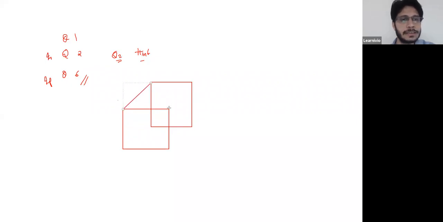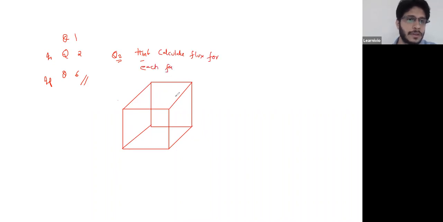The hint here is to calculate the flux for each individual face. If you divide the cube into left, right, top, bottom, front, and back faces, then calculate the flux due to each face and then add them up.